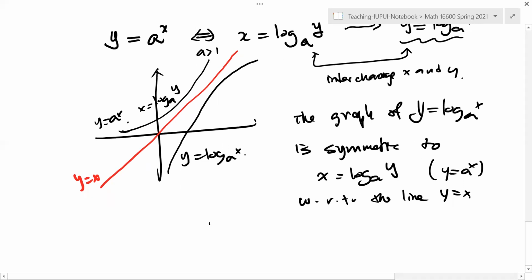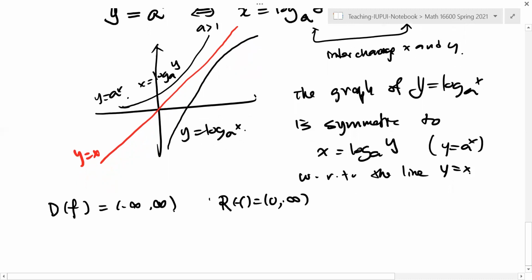You can see the domain of the function is from negative infinity to positive infinity, and the range is from 0 to infinity. Then the domain of the inverse will be from 0 to infinity, and the range of the inverse goes from negative infinity to positive infinity. You can see that from the graph.